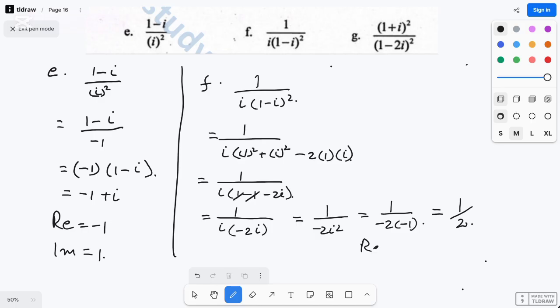The real part is 1 by 2 and the imaginary part is 0.